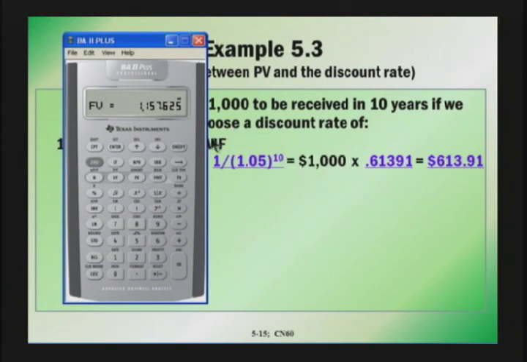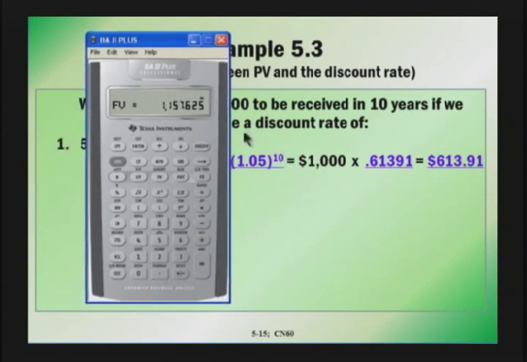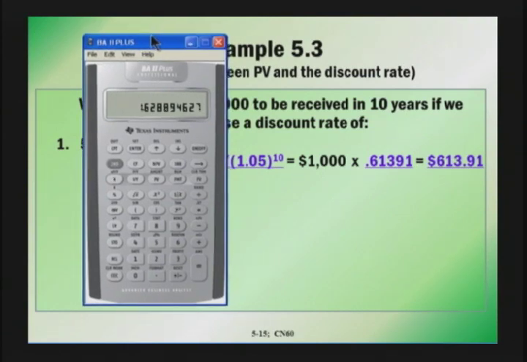So let's calculate this present value interest factor. Let's start with the denominator. Just focus on this denominator, 1.05 to the 10th power. I want to take a base of 1.05, raise it to the 10th power. I have to use my y to the x key. So I put in 1.05, y to the x, 10, equals, and that is this value here in the denominator, 1.62889.